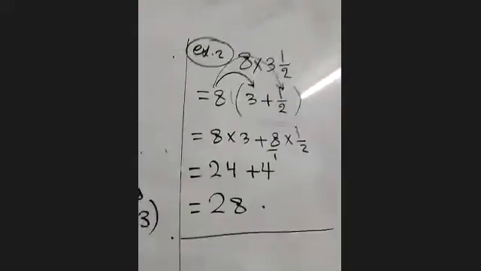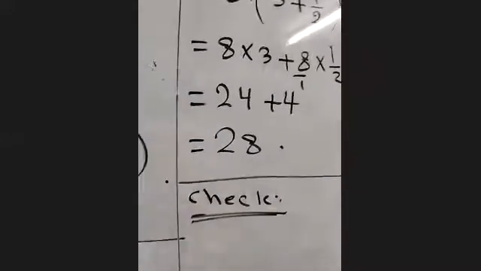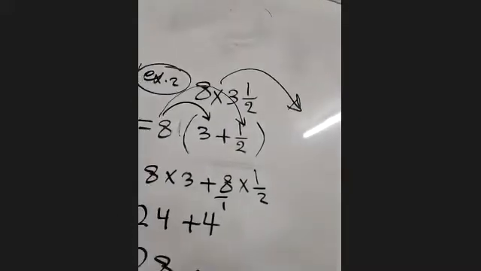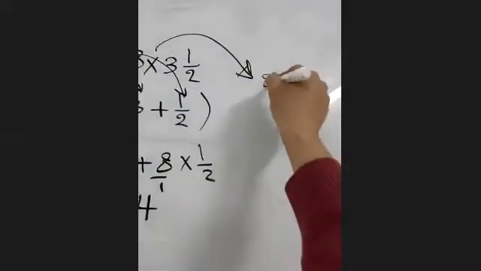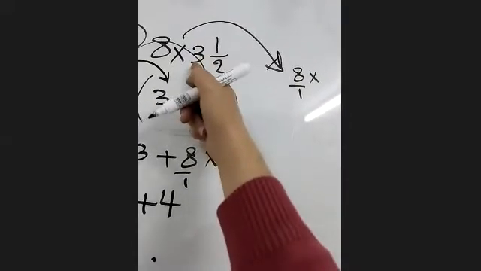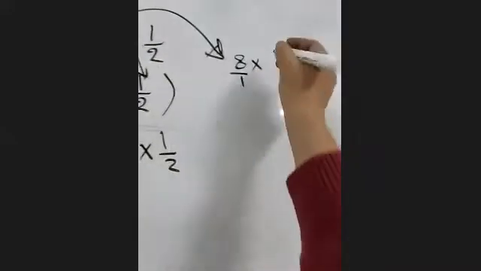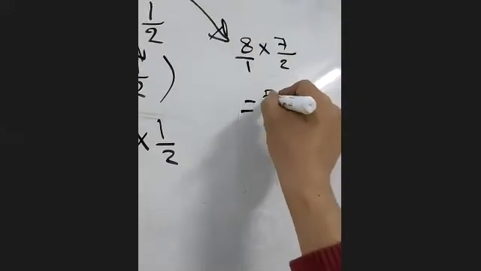Now, below the example, we have check. But here, you can use it as we did before. Turn this to mixed number, then to fraction, then multiply. We can say 8 multiply, this is over 1. And turn this to fraction, 2 by 3, 6 plus 1, 7 over 2. Multiply up, multiply down, 56 over 2.